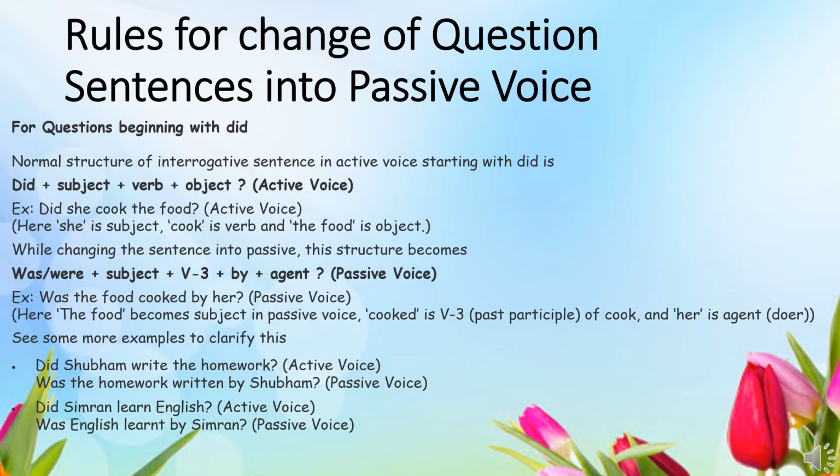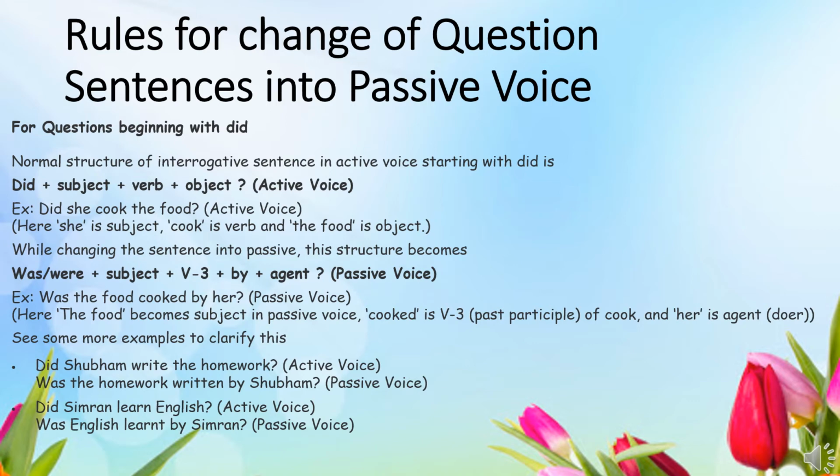While changing the sentence into passive, this structure becomes was or were followed by the subject, then the third form of the verb, then by and the agent, which is in the passive voice. Example, was the food cooked by her becomes in the passive voice. Here the food becomes subject in passive voice, cooked is the past participle of cook, and her is agent.